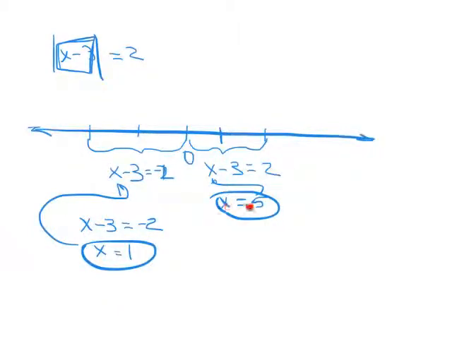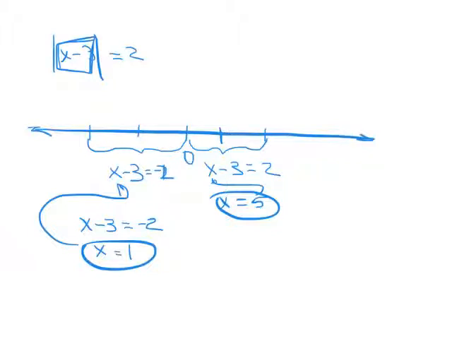So what we're finding out is, what does x have to be so that when we subtract 3 we get a distance of 2 from 0? Or what does x have to be so that when we subtract 3 from it we get a distance from 0 this way, which takes us to negative 2. Okay? Hopefully that helps you to understand absolute values.